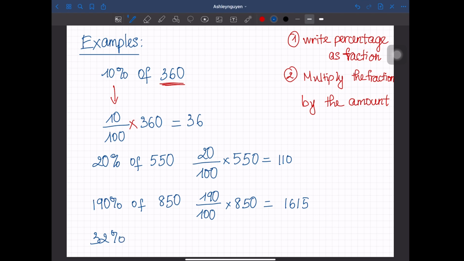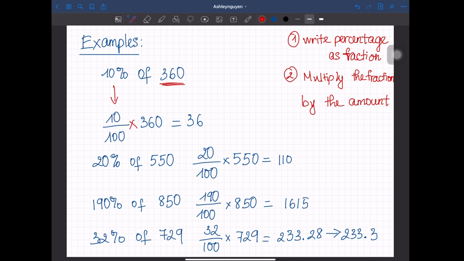And the last one, 32% of 729. I would write 32% in fraction form, 32 over 100 times the amount 729, which equals 233.28. Correct to one decimal place, 233.3.